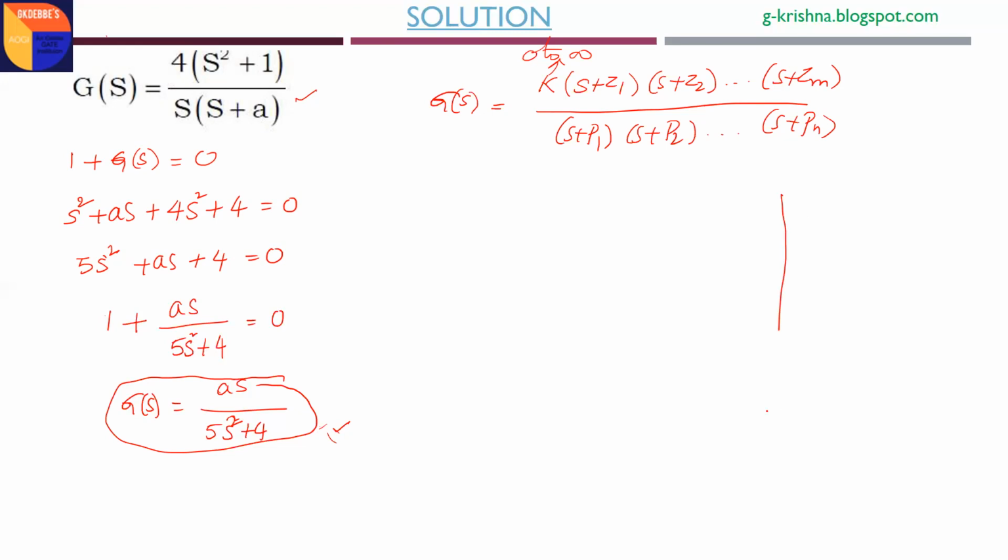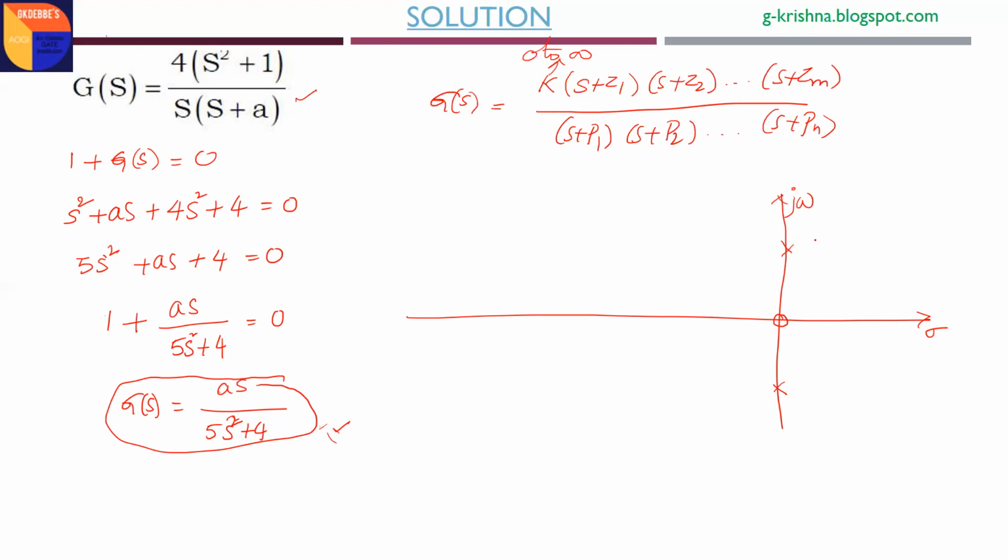Now to draw the root locus diagram of this modified open loop transfer function, locate its open loop poles and zeros. The zero is located at the origin. The remaining two poles lie on the jω axis; they are nothing but ±j2/√5.